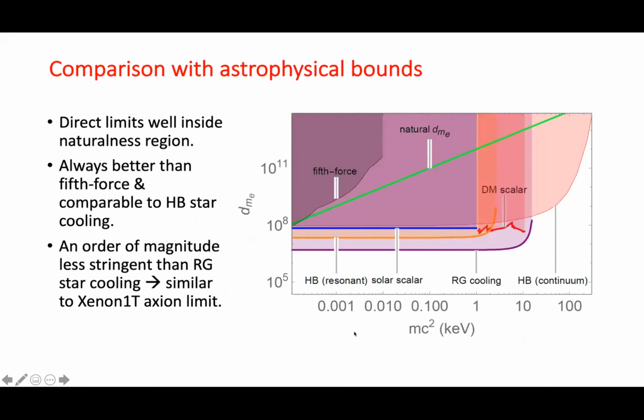Okay, next, we do not assume that it was a real detection of scalars, but we can get a limit from the rest of the dark matter data in XENON1T. So these XENON limits are much better than limits from fifth force, but they are comparable to the horizontal branch star cooling, a little bit less strong than RG star cooling, red giant star cooling.